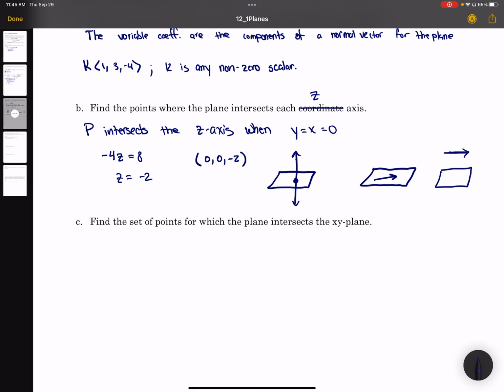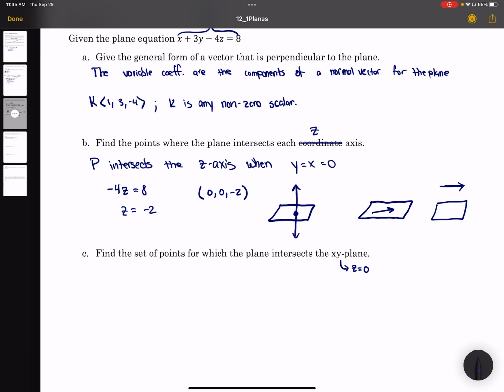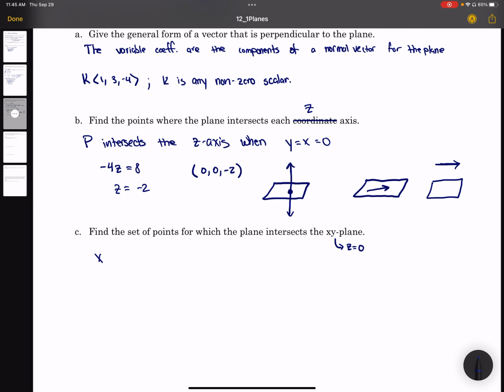So find a set of points for which the plane intersects the xy plane. On the xy plane, that means that z equals 0. So for our equation, x plus 3y minus 4z equals 8.